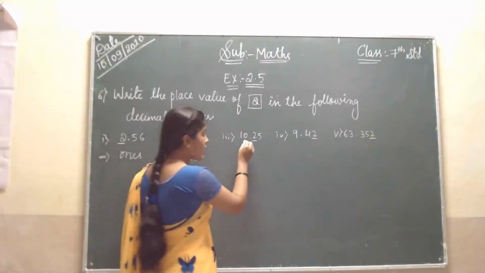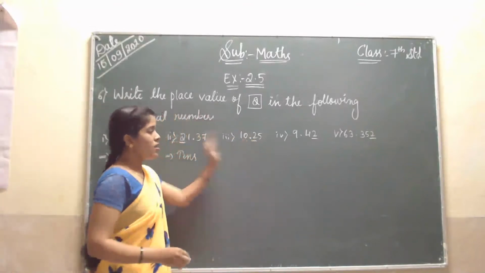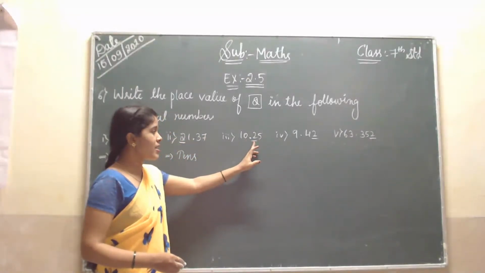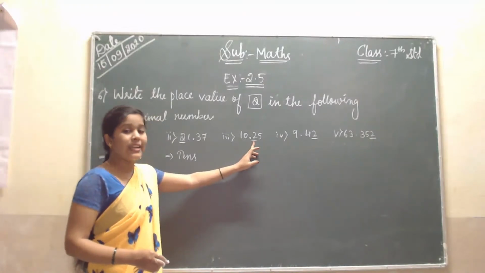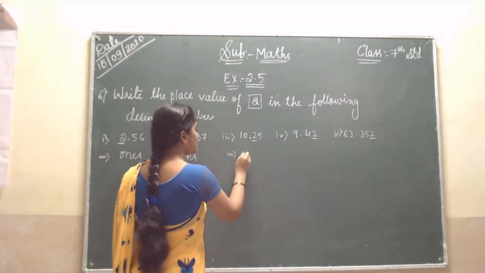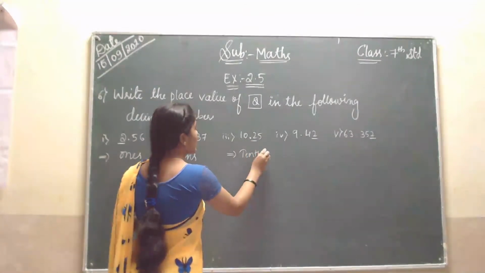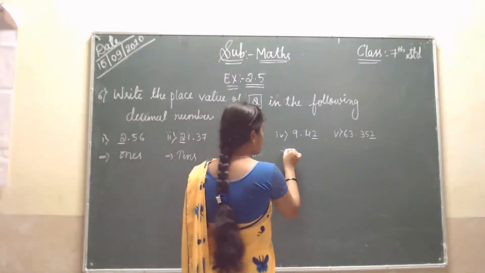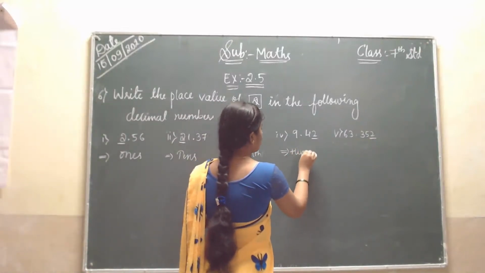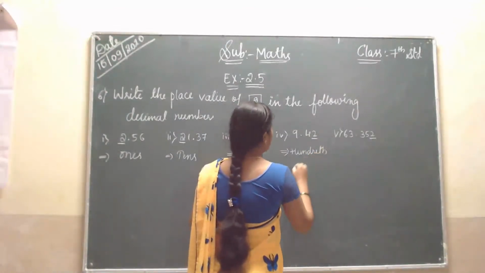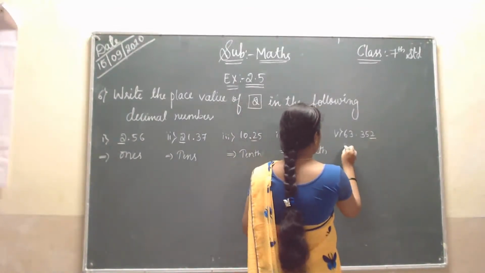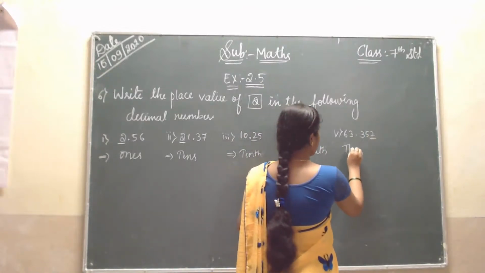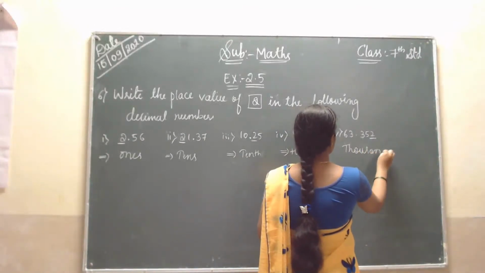Next here, after the decimal. Before the decimal, leave this part. After the decimal, as I explained just before, what is that? Yes, tenths. We have to write TH. Tenths, not ones. In decimals there is no ones. Direct tenths. Hundredths. Then thousandths. Tenths, hundredths, thousandths.